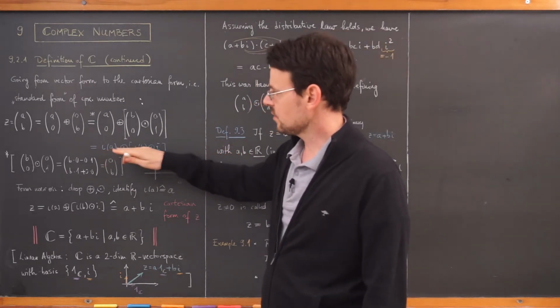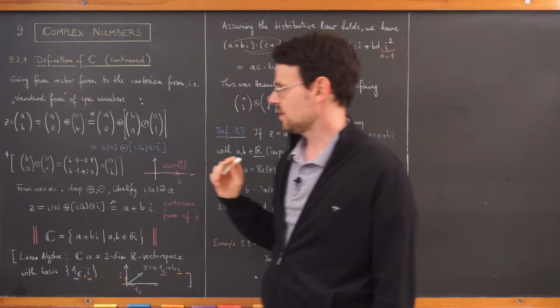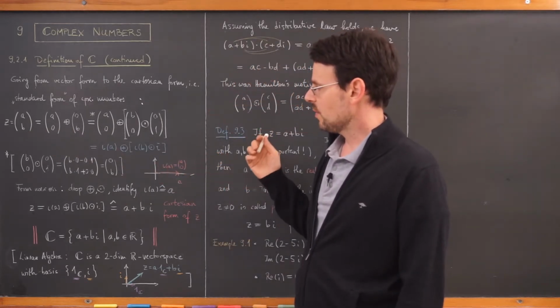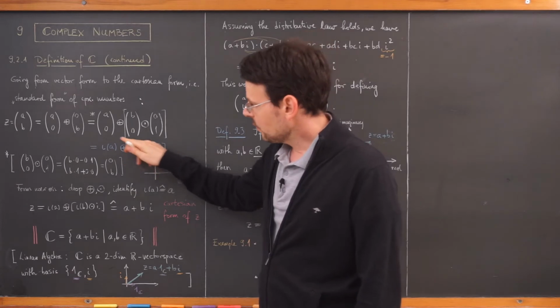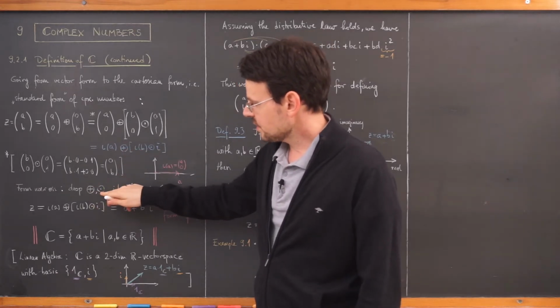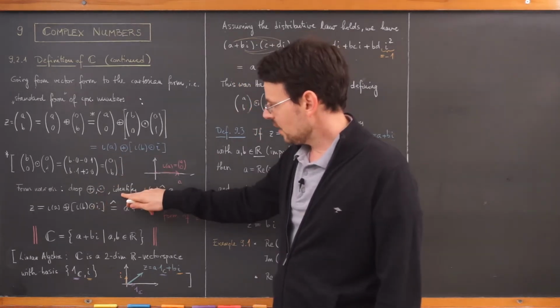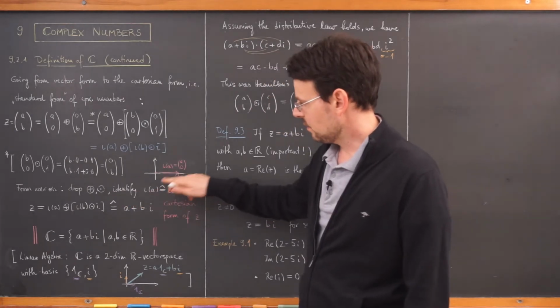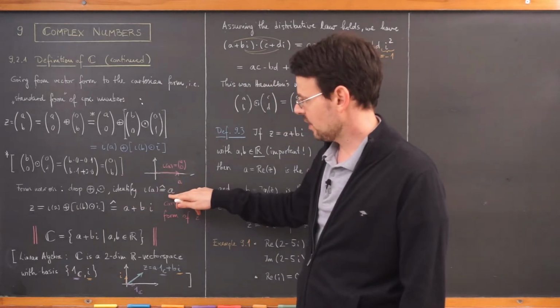Now, of course, this looks much worse than the vector we started with. So from now on, we do the following. We drop the circle around the plus and the times, and we identify here the embedding of the number a with the number a itself.